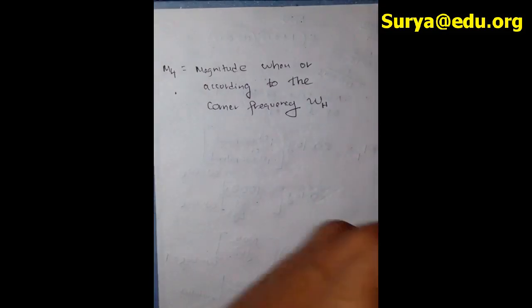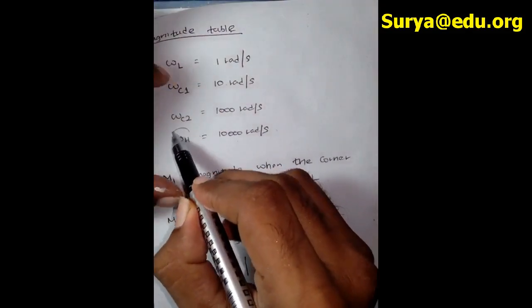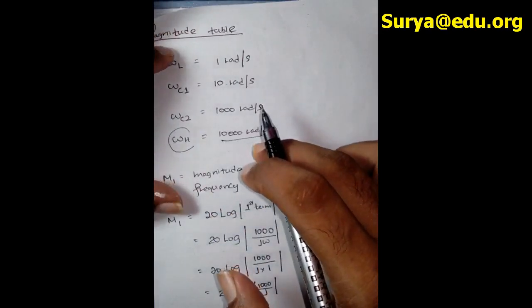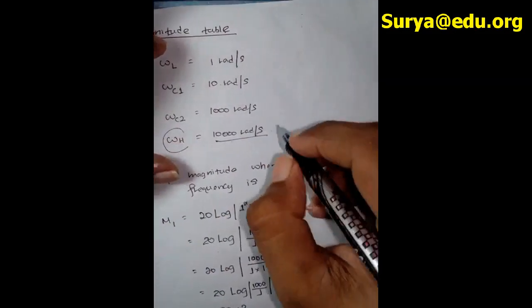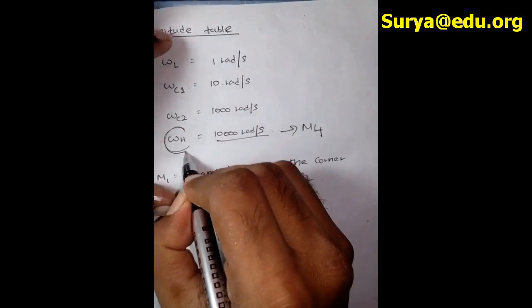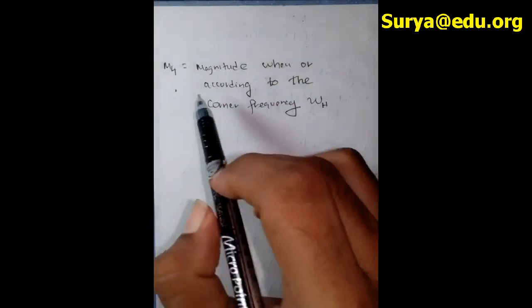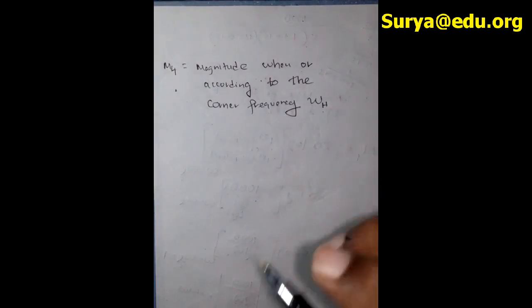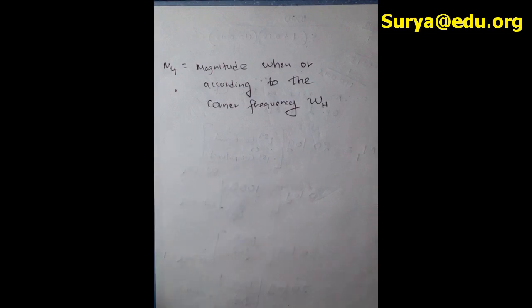Because M4, I told you, is related to omega h. See, this omega h is the highest frequency that we added, right? So omega h is the highest frequency that we added. So now that magnitude M4 is totally related with this omega h, right? So M4 is the magnitude according to the corner frequency of omega h. So now let's see how to calculate that. So it's easy.